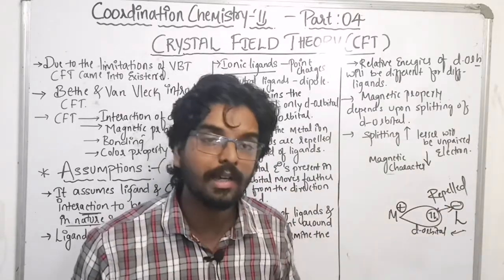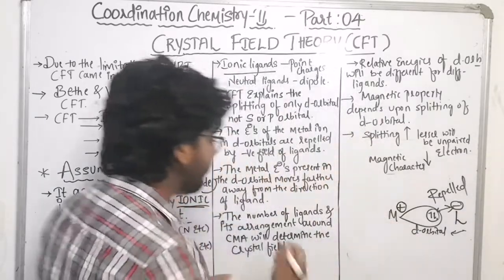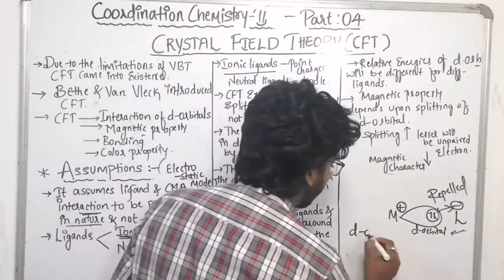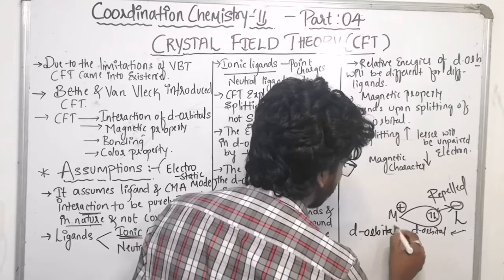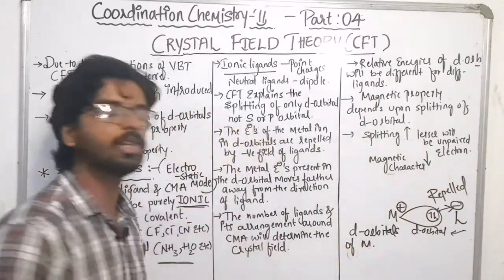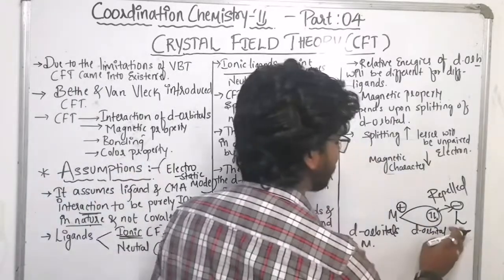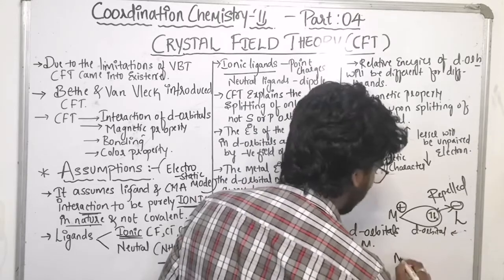So here the very important thing takes place: these d orbitals of metal will adjust. Let me take this example only. Again the metal ion is there.